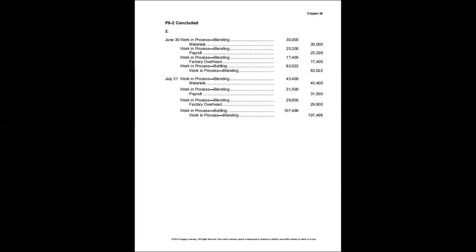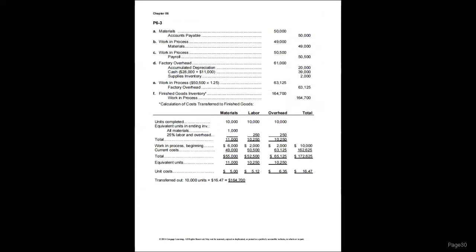So July 31, we again record the cost of materials, labor, and factory overhead. And finally, debit to work in process for bottling and credit to work in process blending. So you got the journal entries in 6-2.